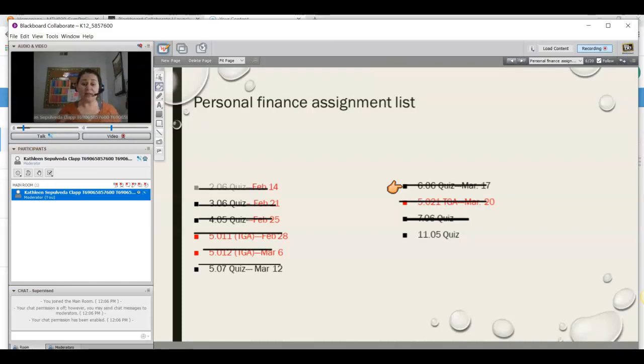So again, it's a really strange point, even as a teacher here, in what we are supposed to be doing. I do want to see that you get this stuff in, and I really want to encourage you to get that stuff in. So today we have our 11.05 quiz, and that's what we're going to be working on right now.